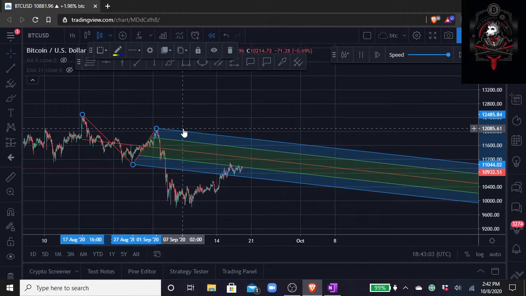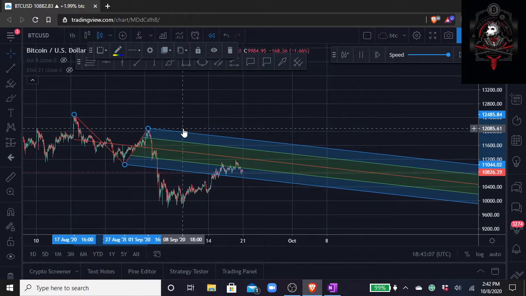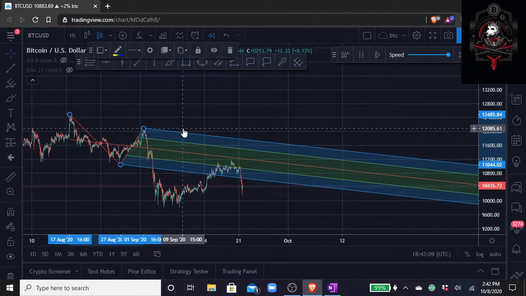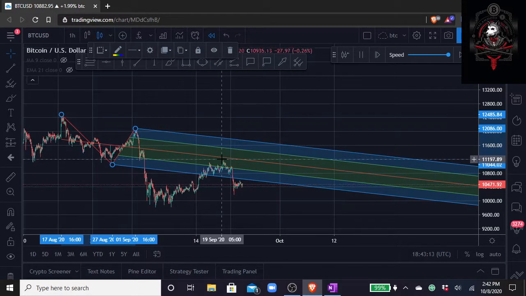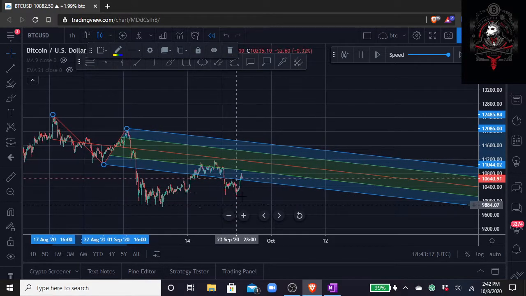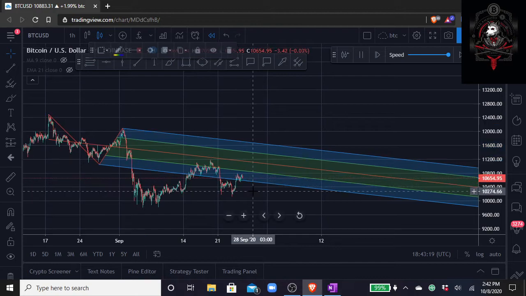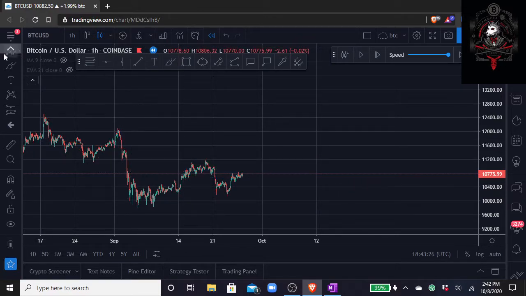Nice head and shoulder pattern there. But it did get pretty close to the middle median band, rejected off of it, then big dump. So if we stop it here, say alright, let's draw a new pitchfork. We're gonna start off with our regular pitchfork.